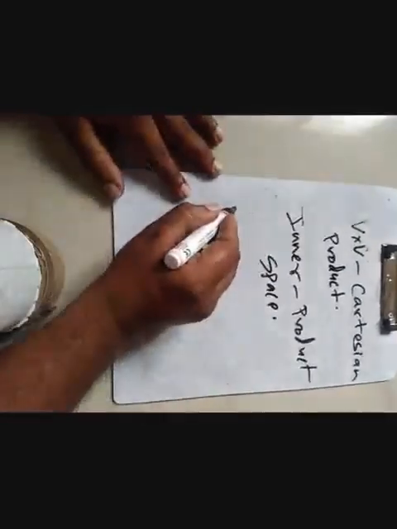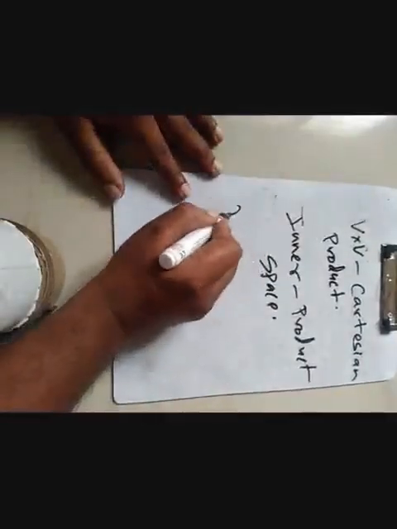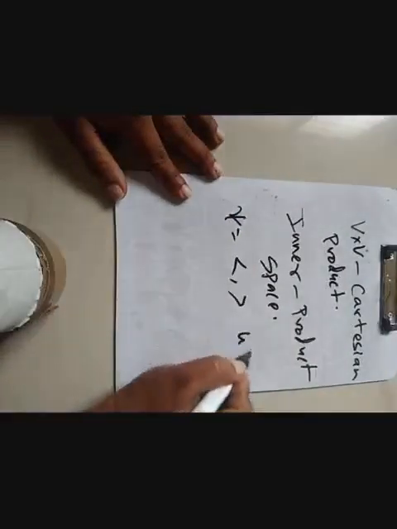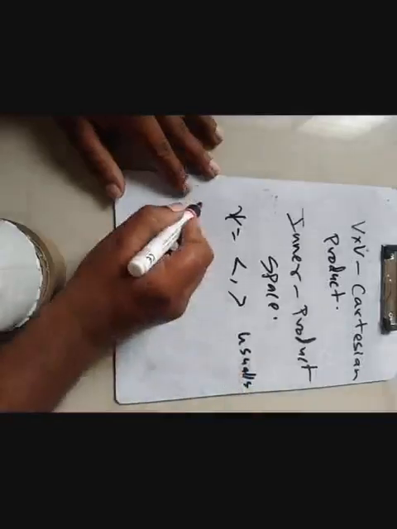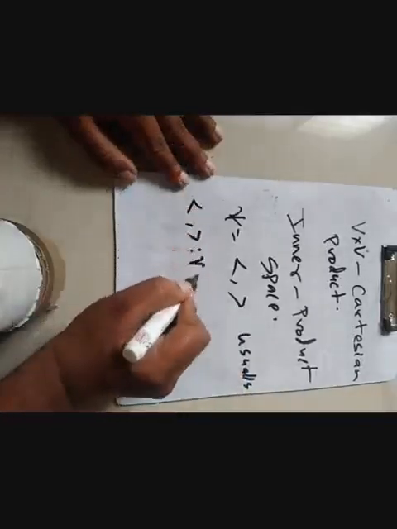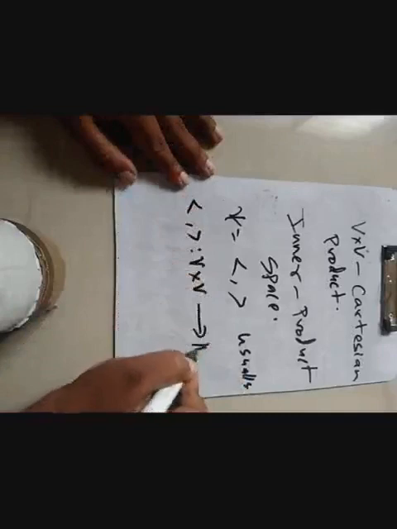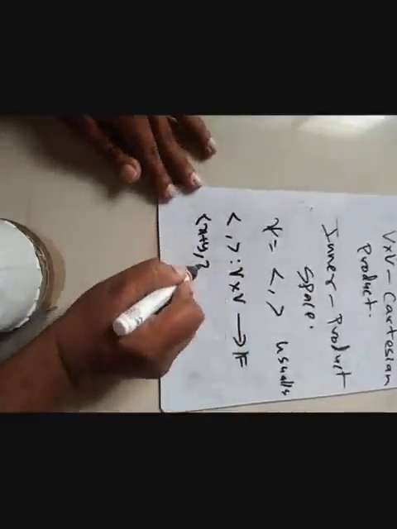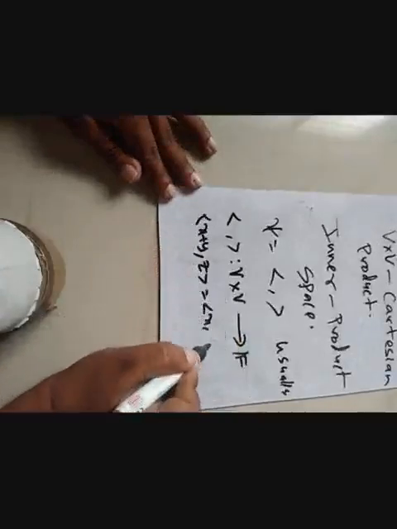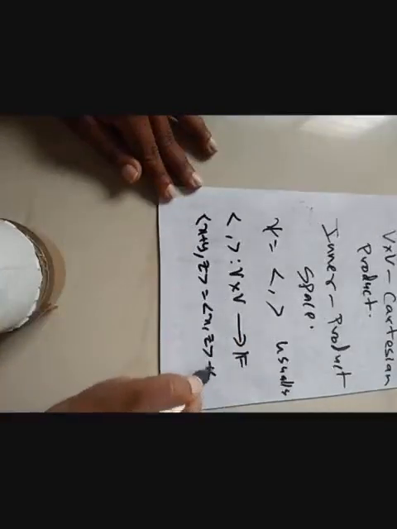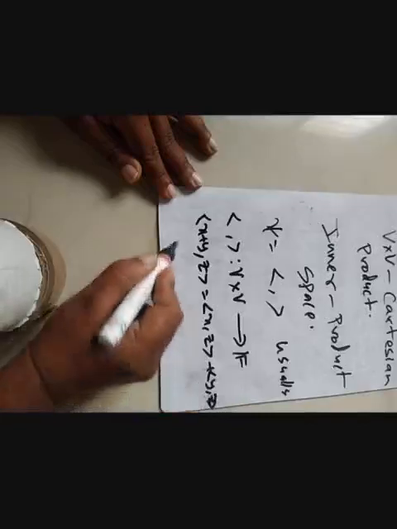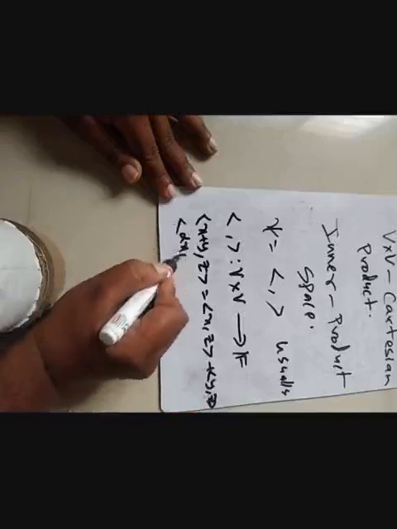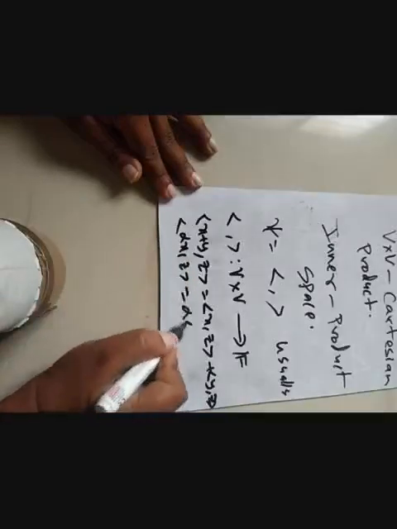We mean that psi is linear in the first variable. Psi is sometimes denoted by this, usually it is denoted by this notation. This is in fact a map from V cross V to F. Psi is linear in the first variable means that the inner product of x plus y comma z is x comma z plus y comma z, and psi of alpha x comma z is alpha times psi of x comma z.